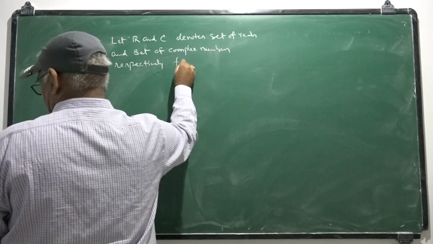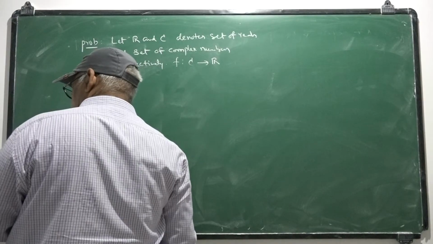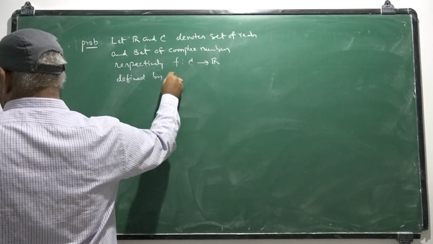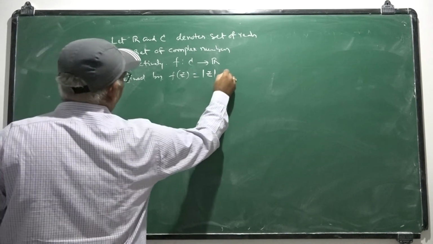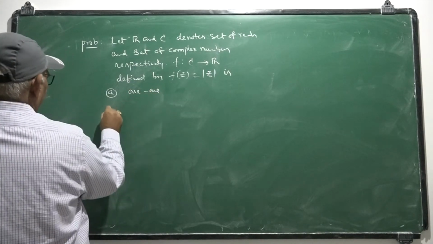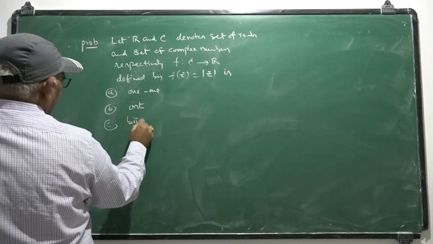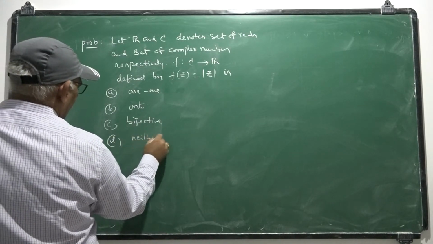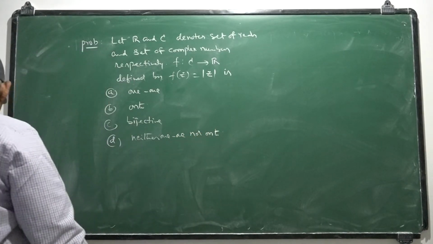F defined from C to R, the set of complex numbers to R, defined by f of z equal to mod z, is: one-one, onto, bijective, or neither one-one nor onto.